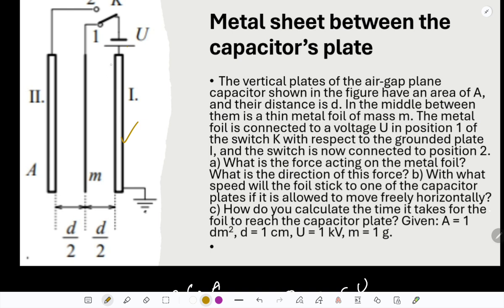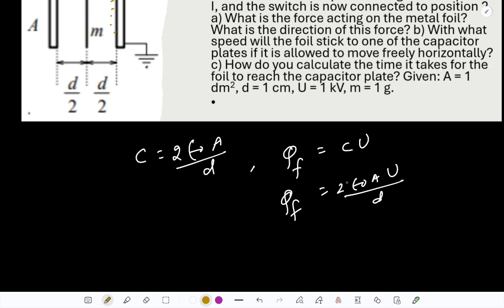That means it is negatively charged. It will have negative charge, and then the metal foil will have positive charge. So electric field between them will be like this. I think so. What I'm trying to tell you, that the foil has this much positive charge, and there is a minus QF charge on the plate 1.